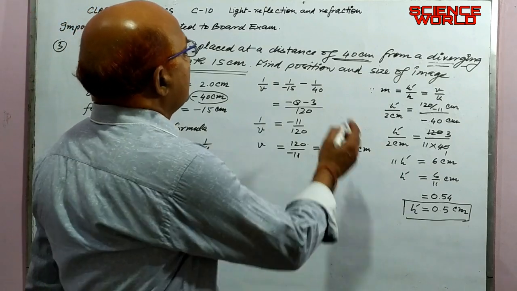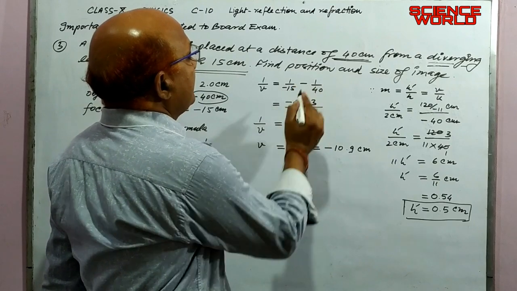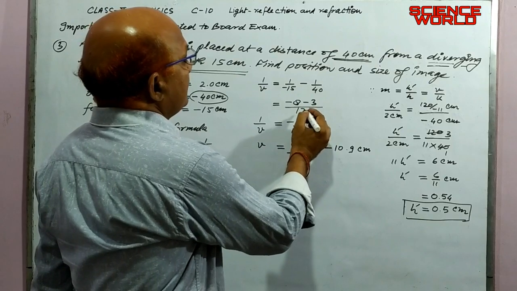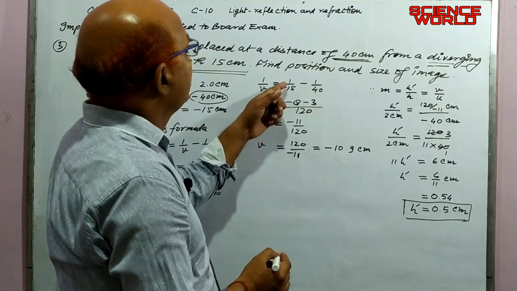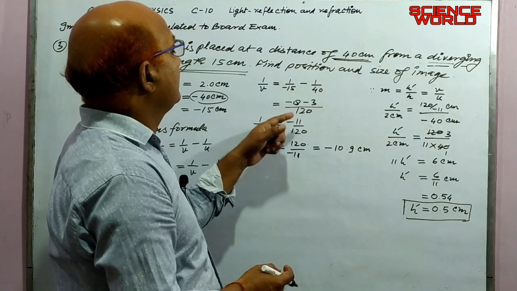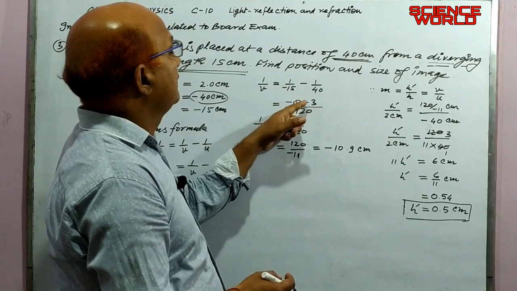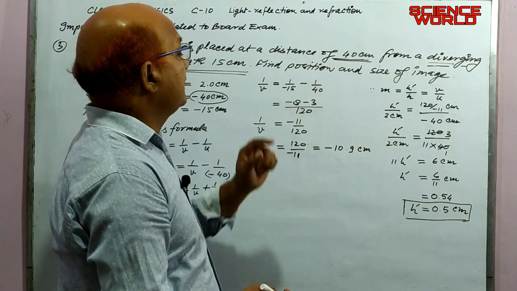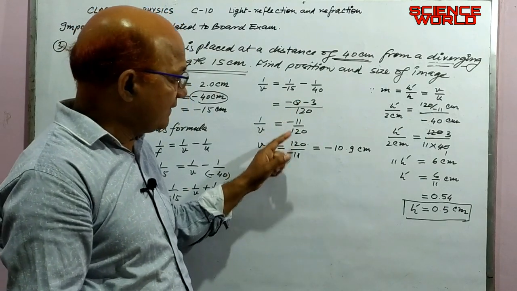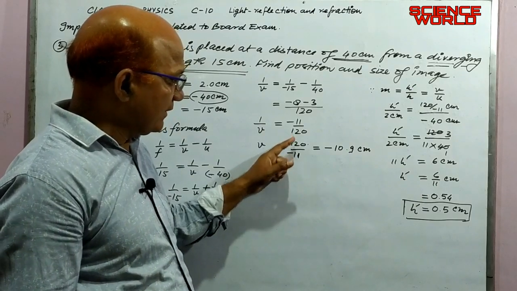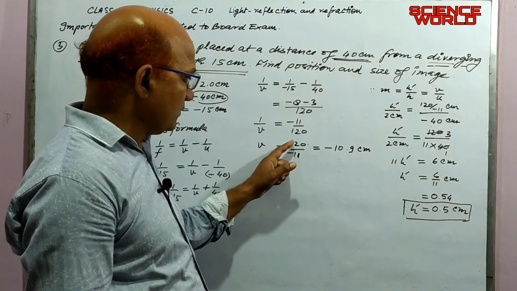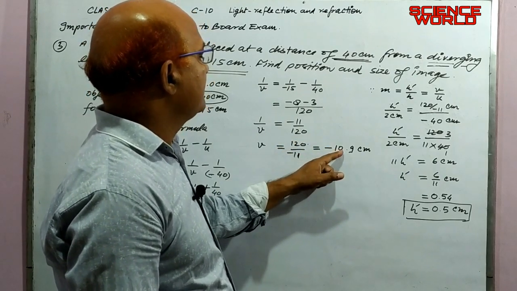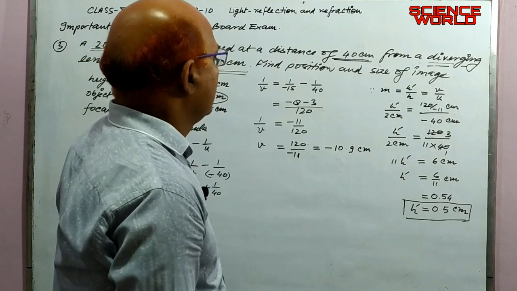Now, 15 and 40, take LCM of both, it is 120. So, minus 8 minus 3, this is minus 11 upon 120, it means v equal to 120 by minus 11. It is approximately minus 10.9.